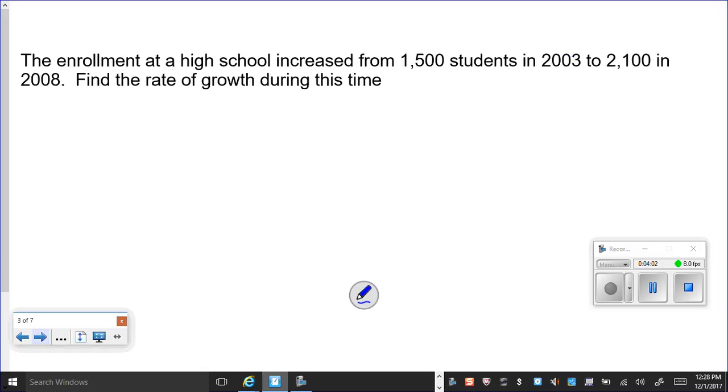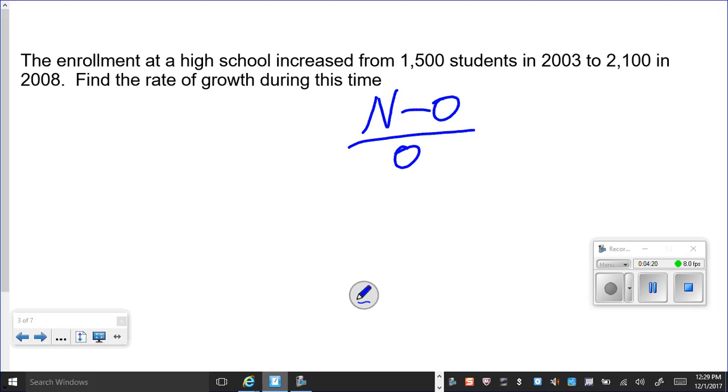Number 2, the enrollment at a high school increased from 1,500 students in 2003 to 2,100 in 2008. Now we have to figure out the new price minus the original price and always divide by the original.